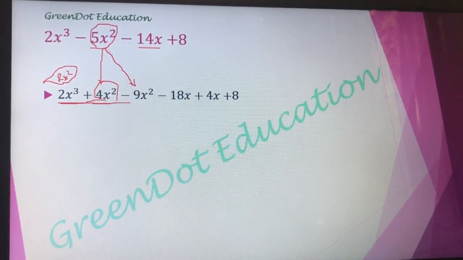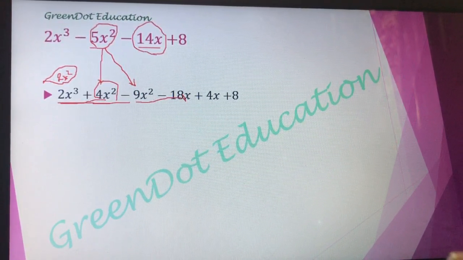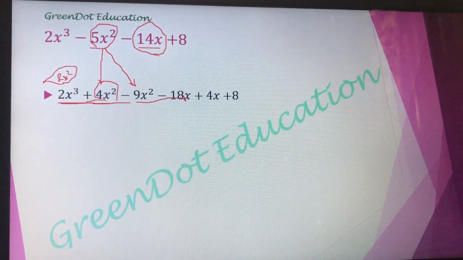So now to make this again 5x square, I have to subtract 9x square so that I get this term. So writing minus 9x square, again I have to find out the common between these two terms. That is, I am having 14x, but I have to split this term minus 14x so that I get x plus 2 as a factor from these two terms.